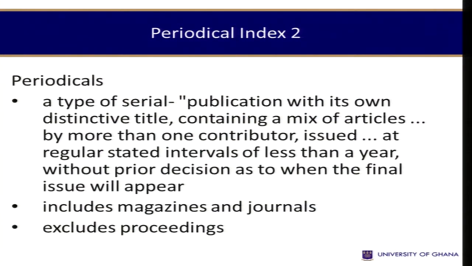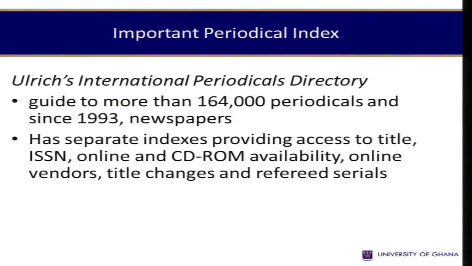And so for this particular definition, we usually exclude conference proceedings. Conference proceedings usually do not occur less than a year. Usually a year, 2 years, we'll have the proceedings out. So you would not define conference proceedings as part of periodicals. Periodicals will include magazines, it would include journals, but not conference proceedings.